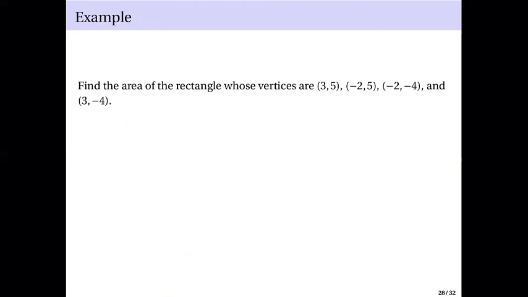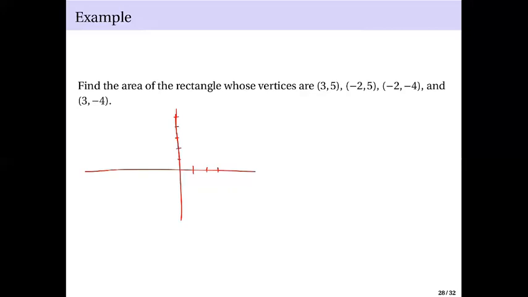So again, let's try to visualize this. You have the Cartesian plane. We need 3, 5. So 1, 2, 3 for the x, and then you have 1, 2, 3, 4, 5 for the y.